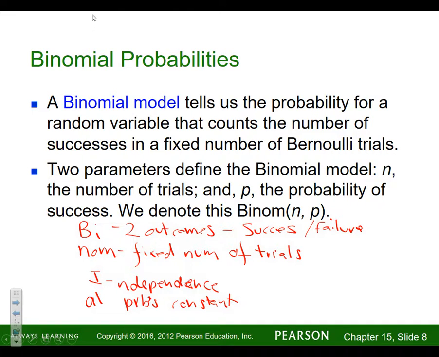Is it a fixed number of events? Is it independent? And are the probabilities all the same? Those are the four. Once you go check, then you should be good to go. Okay? And you would say, oh, I'm working with a binomial distribution. Anybody still need this slide? No? Moving on then. Okay.